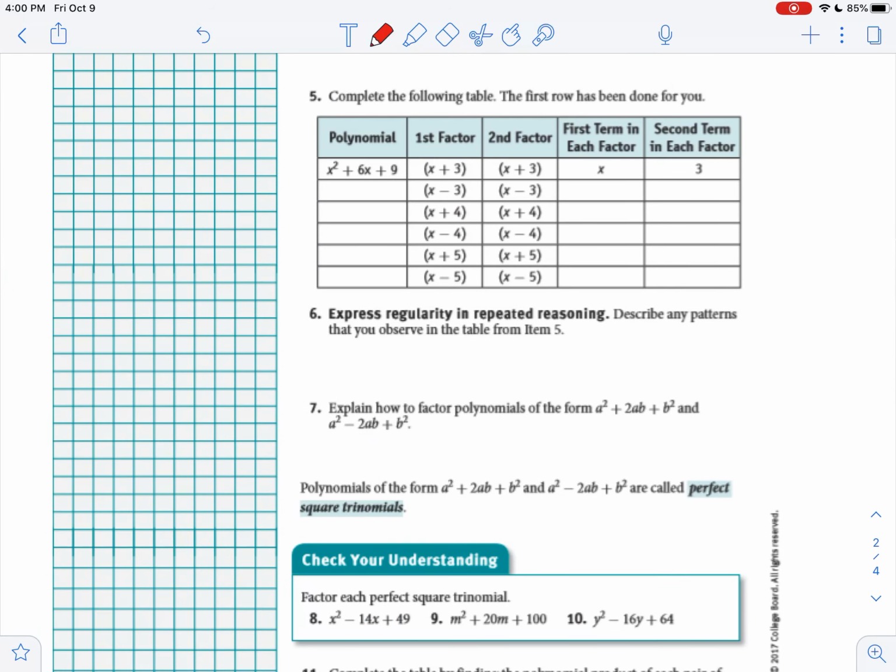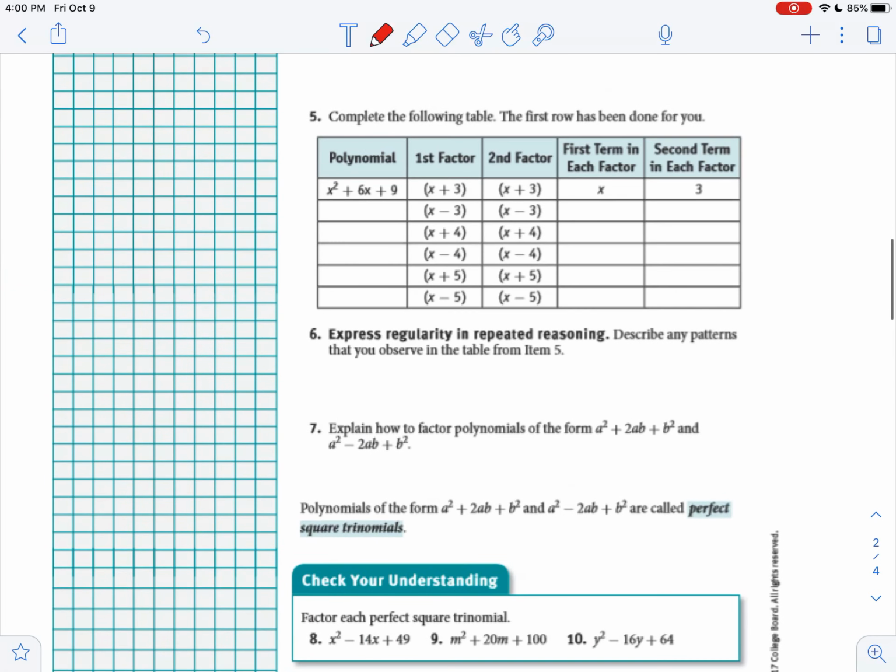So there are some things you want to look for, and that's what we'll talk about in the next little table. Okay, so in number 5, we could do some of these little FOILs and represent our trinomial. We can look and see what patterns we observe. So in our first row, that's x squared plus 6x plus 9.